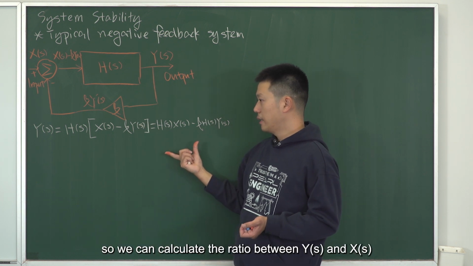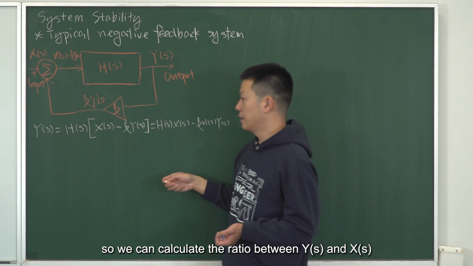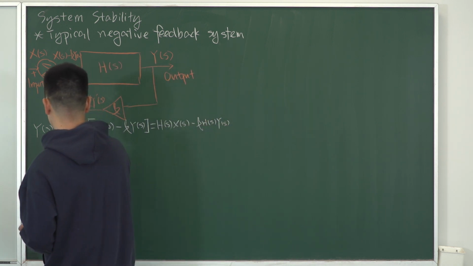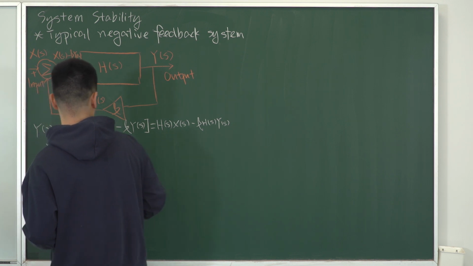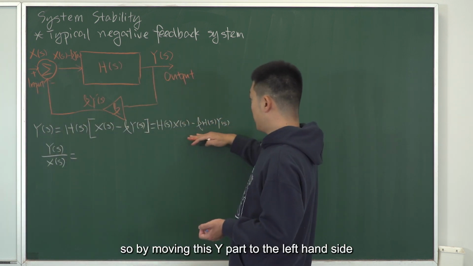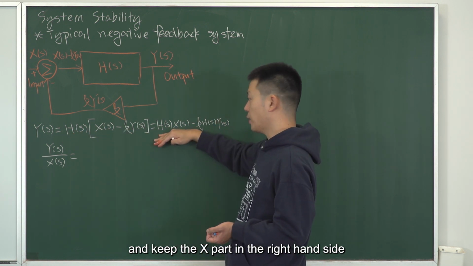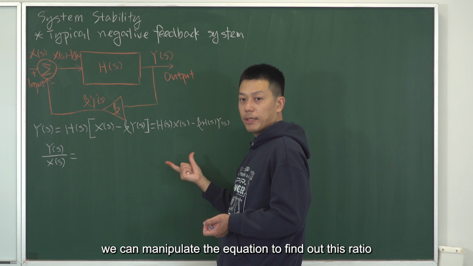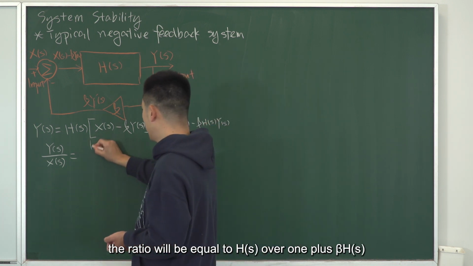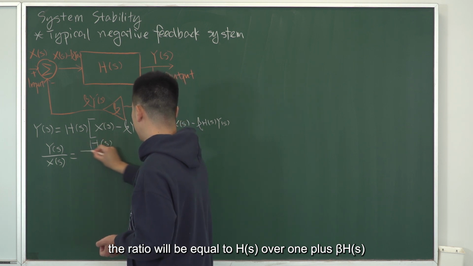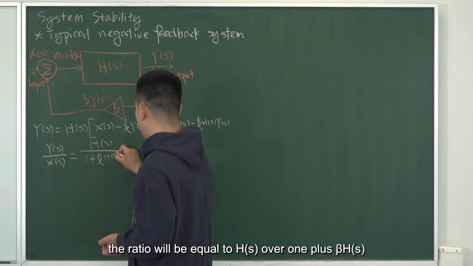So we can calculate the ratio between Y(s) and X(s). By moving the Y part to the left-hand side and keeping the X part on the right-hand side, we can manipulate the equation to find this ratio. This ratio will be equal to H(s) over 1 plus beta H(s).